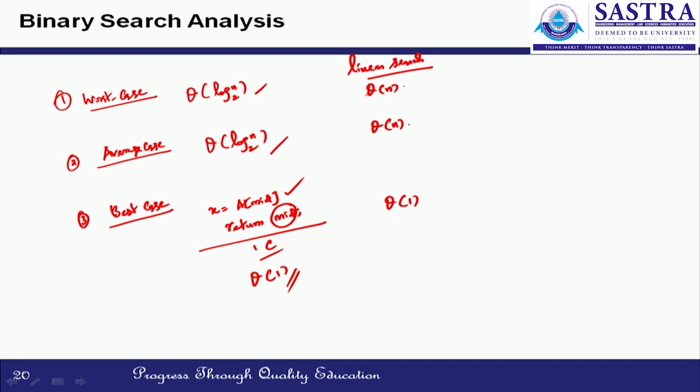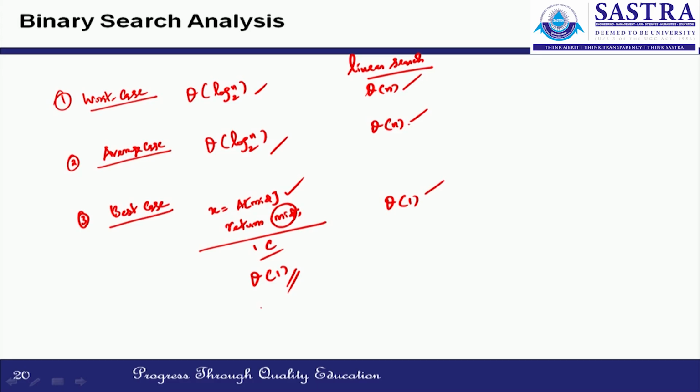In the linear search, when the searching element is not available in the array, or when the searching element is available at the end of the array, the worst case occurs. The average case performance of linear search is also theta of n. In the linear search, the best case occurs when the searching element is available at the first location in the array.